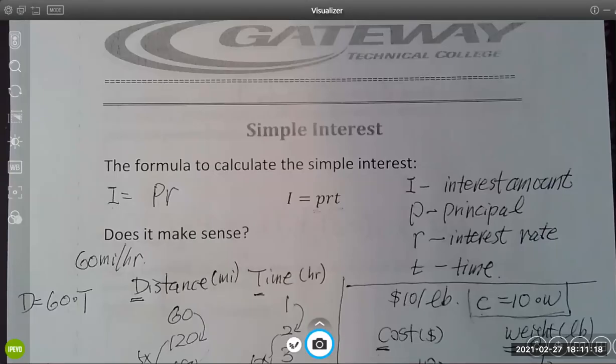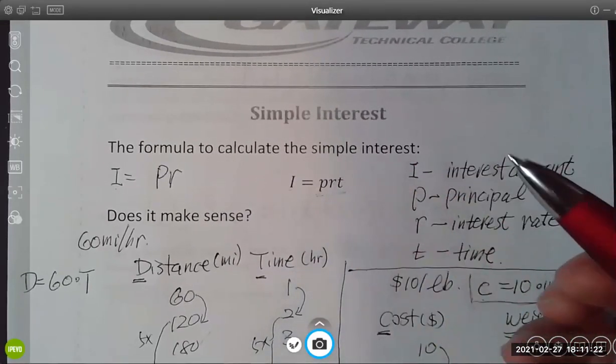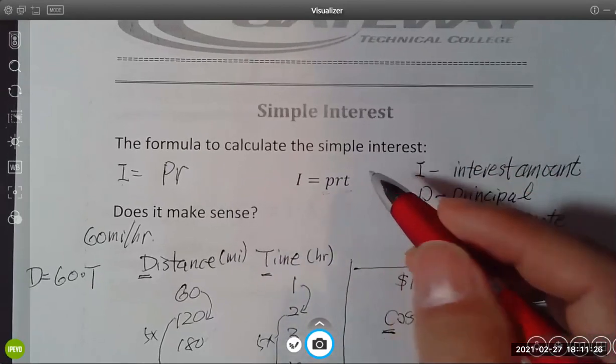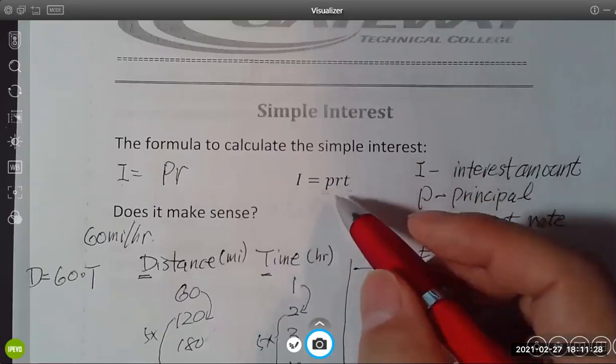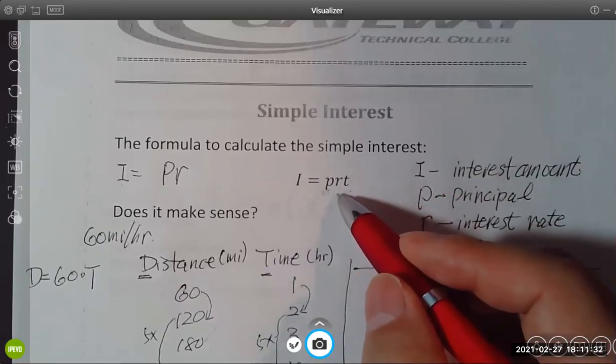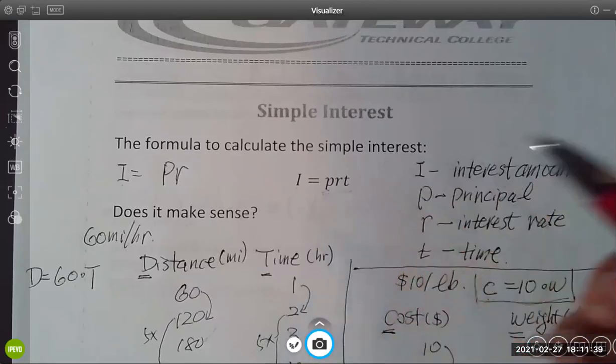Now I guess you can guess what I'm going to say next for T, right? Again, let's assume you have two separate accounts, where you deposit same amount of money, you get the same interest rate. The only difference is that in one account, you keep money in there for longer time than the other account.